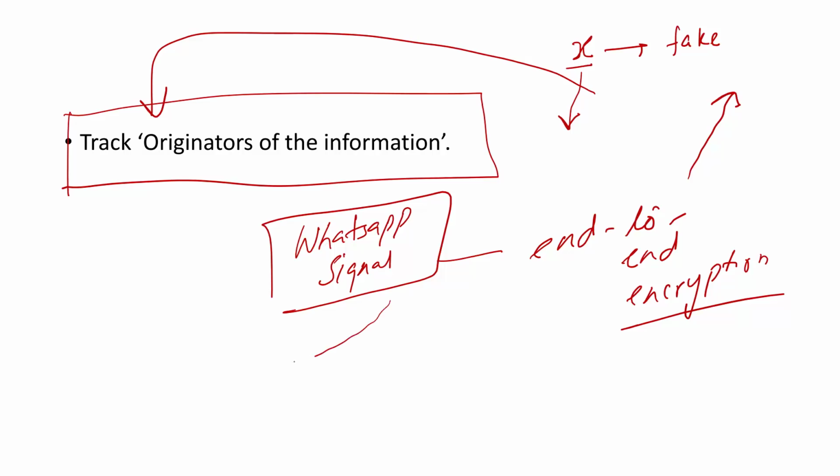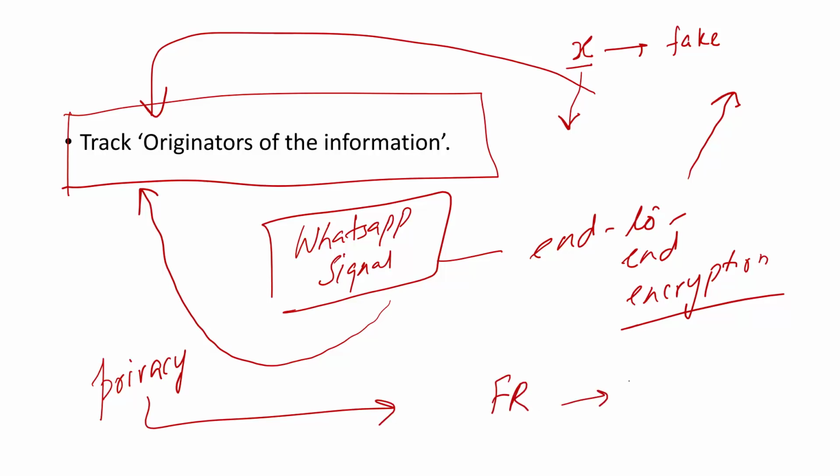And if these intermediaries are forced to track the originator of this information, it violates the right to privacy, which is a fundamental right under Article 21 of the Constitution.